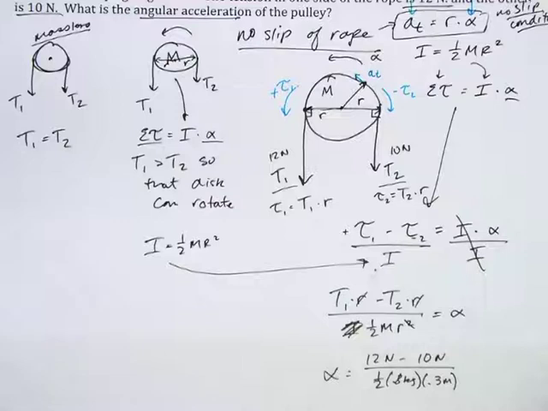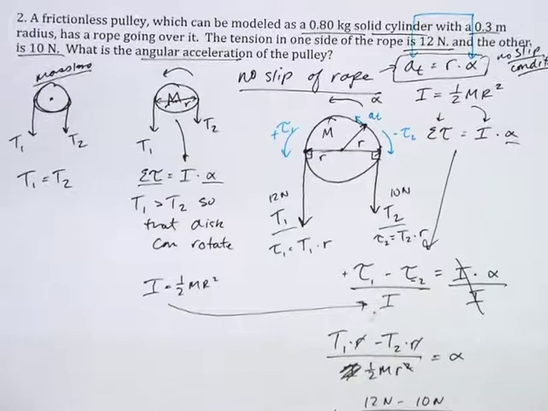So we'll go ahead and calculate that, and we get an angular acceleration of 16.67 radians per second squared.